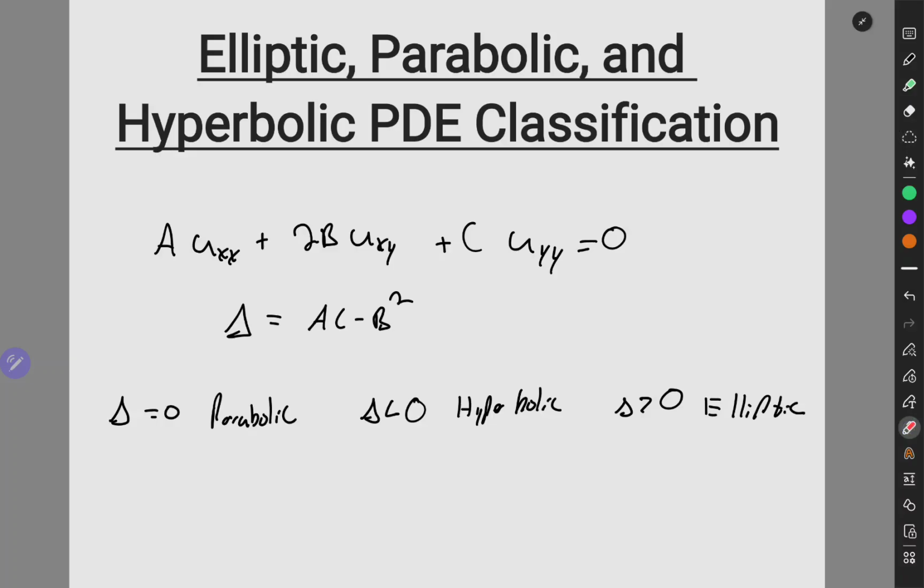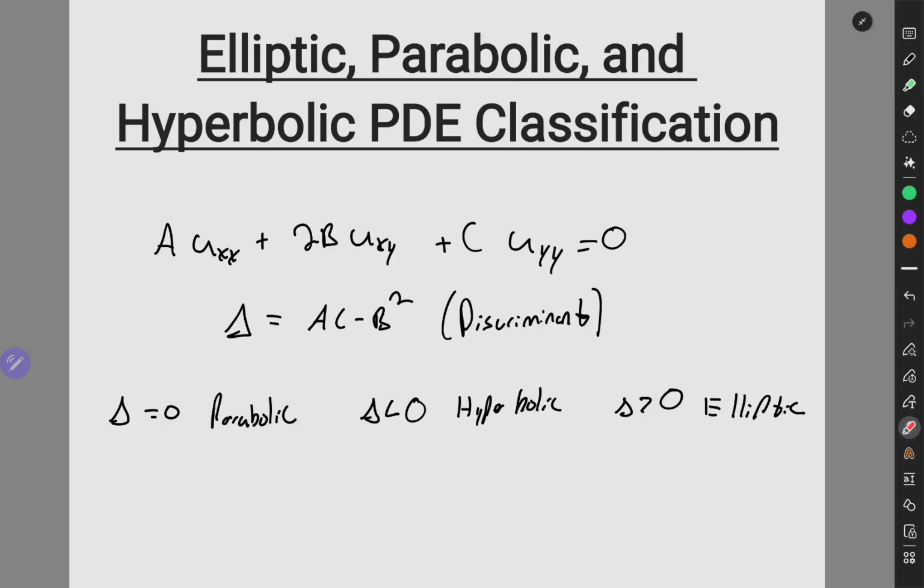But what we have here is the general case for the second order linear PDE, where we have a uxx, 2b uxy, c uyy. Those are the coefficients, and this is our definition for what's called the discriminant. This is what determines if the solution is parabolic, hyperbolic, or elliptic.